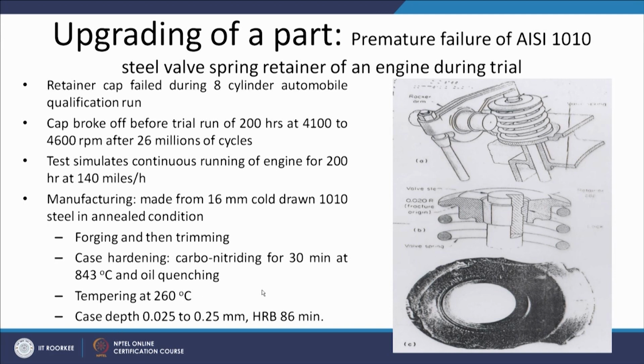Through this case hardening heat treatment, it was desired to harden the case up to a depth in the range of 0.0252 to 0.25 mm, so as to achieve the hardness of 86 HRB.